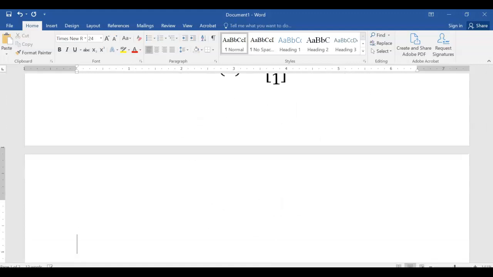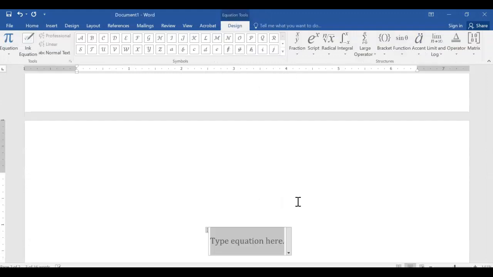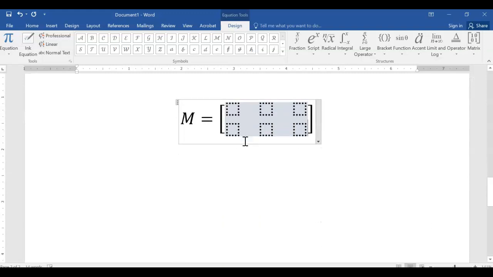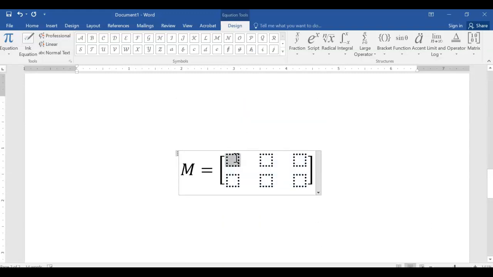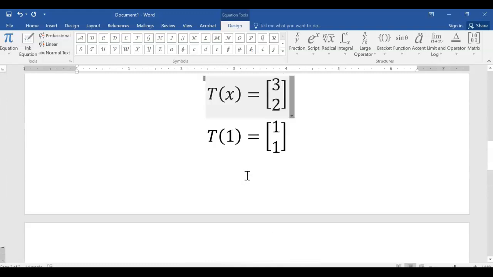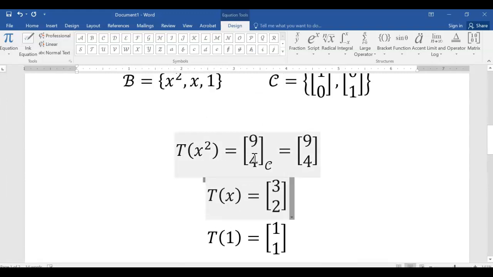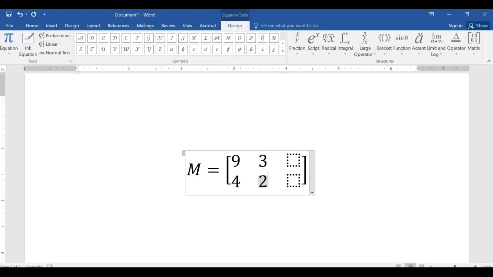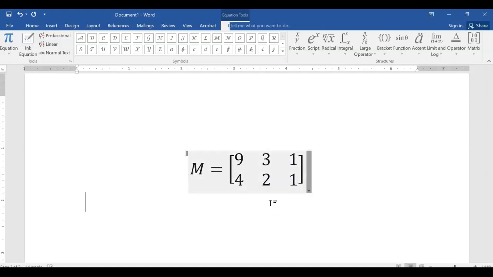And what that means for our matrix, that means that my matrix, which we've been calling M, is going to be a matrix which looks like this. 9, 4 as my first column, 3, 2 as my second column, and 1, 1 as my third column.